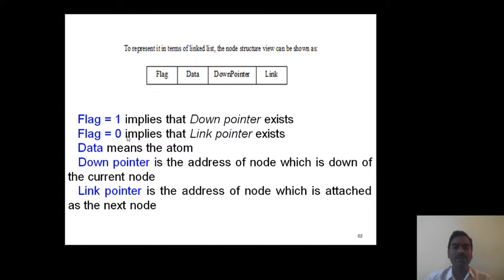If the flag value is 0, it implies that the link pointer exists. The data part stores the element. The down pointer is the address of the node which is down of the current node, whereas the link pointer is the address of the node which is attached as the next node of the list.